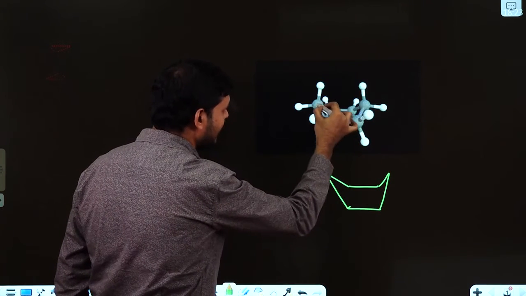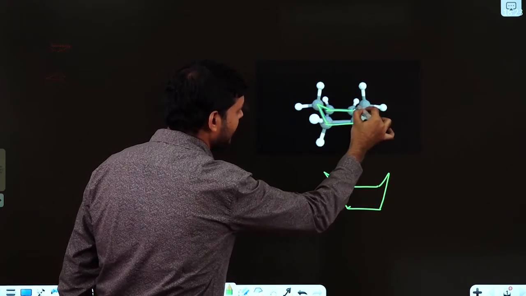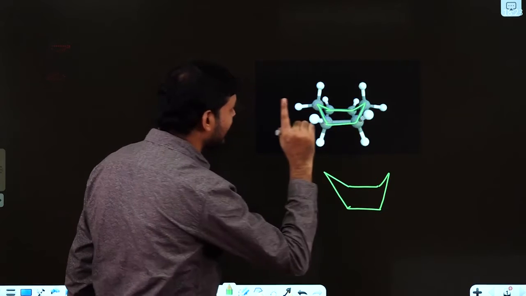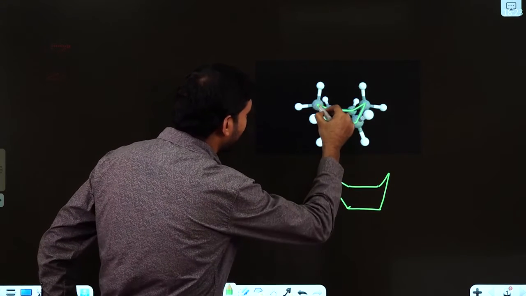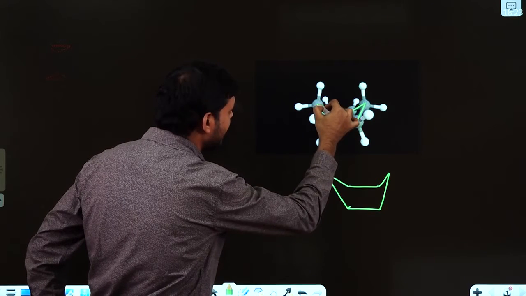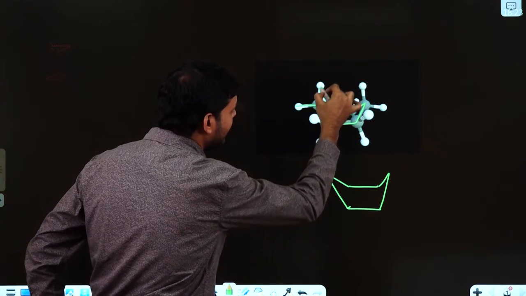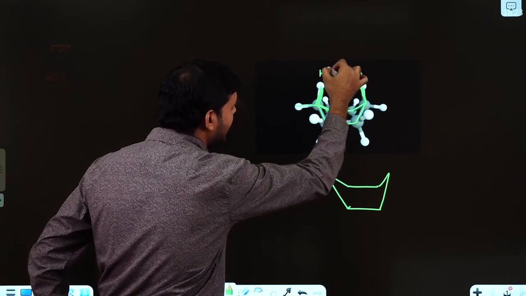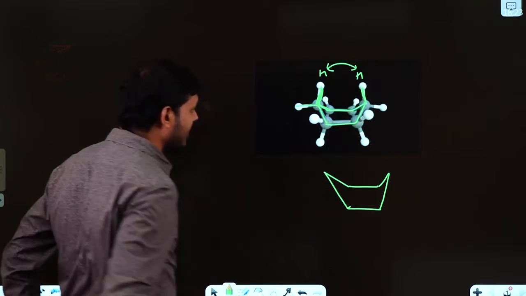Yes, this is your boat conformation. Okay, this is your boat conformer. Again, if you remember properly, I have told you trans part, this part V-shaped and this again V-shaped. So this side of hydrogen and this side of hydrogen, these two were making flagpole repulsion, right?